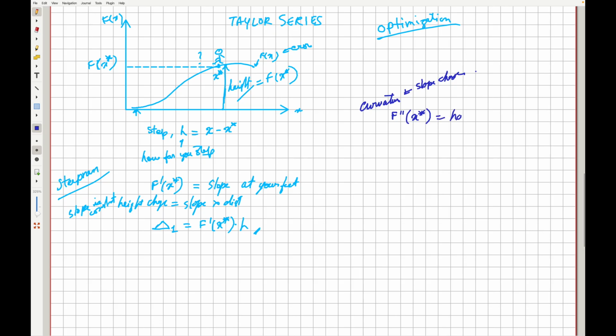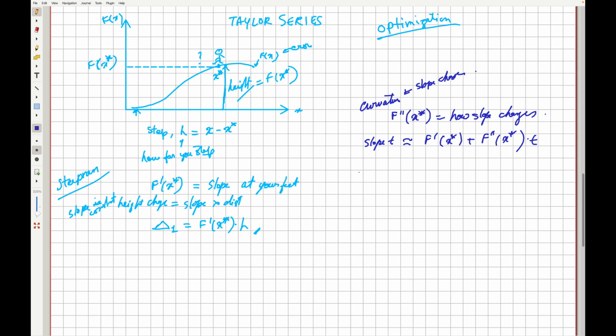So this tells us how the slope changes. So let's derive this carefully. As we walk a small distance t, the slope at t is approximately equal to f prime of x star plus f double prime of x star times t.